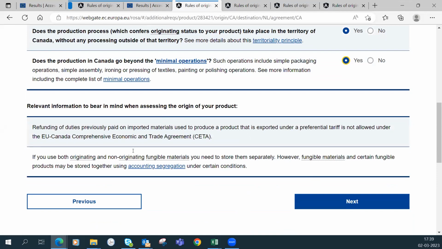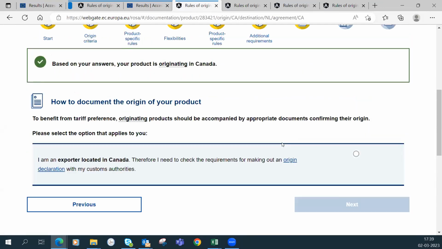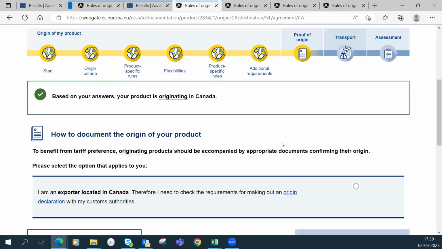You have here additional elements which are important for traders regarding what we call duty drawback, whether you are allowed or not the refund of the duty that you have previously paid on imported material, and on accounting segregation. But you are not obliged to answer. It is relevant information, but it is not necessary to assess if your product is originating.